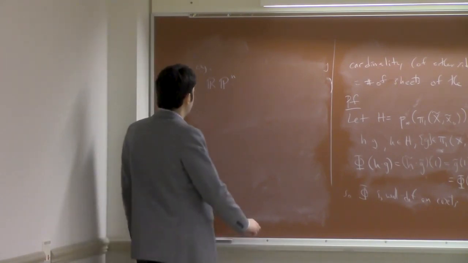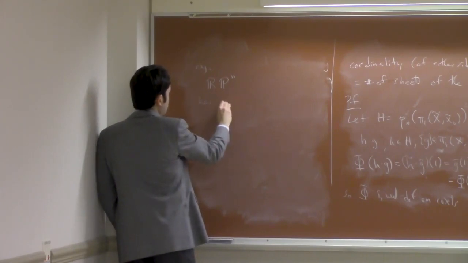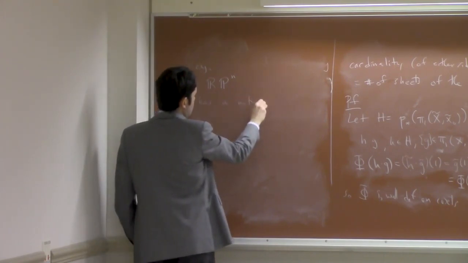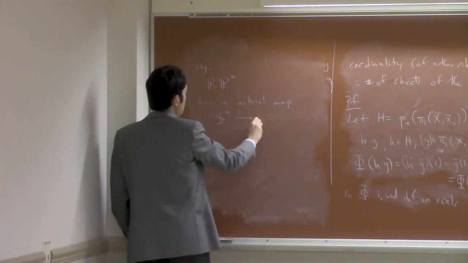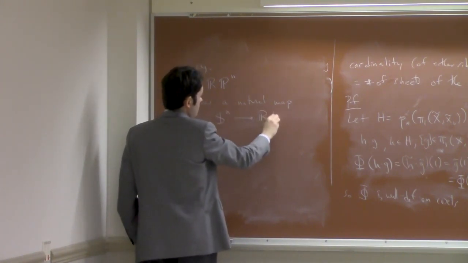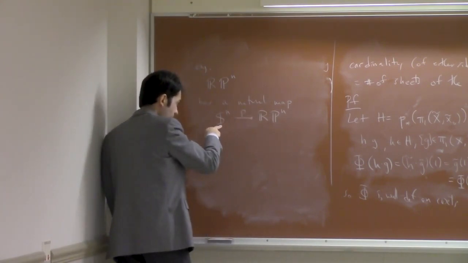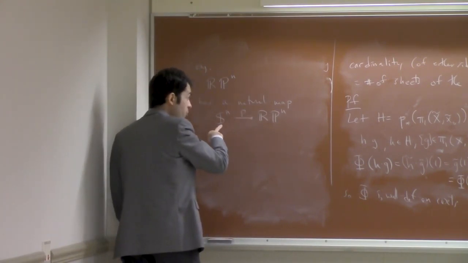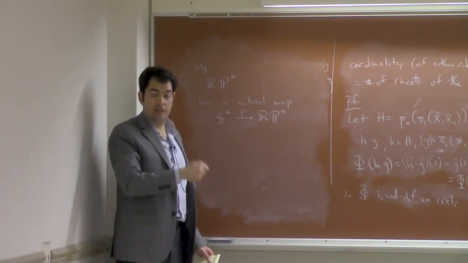So this has a natural map from Sn down, where you're just taking any point here and sending it to its equivalence class of it and its antipodal image.